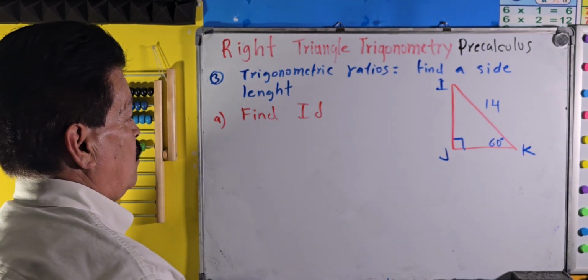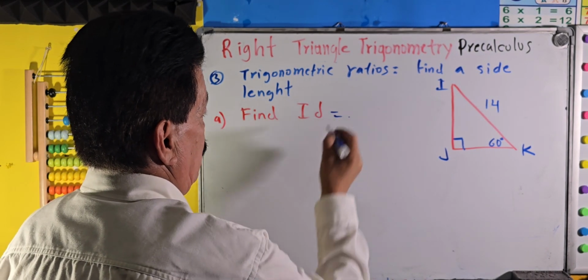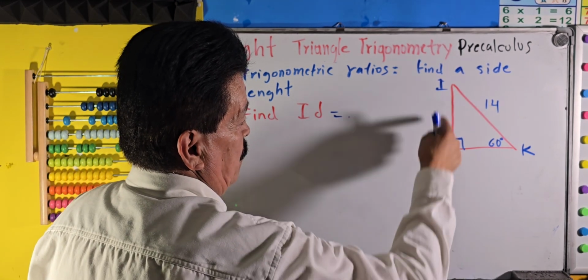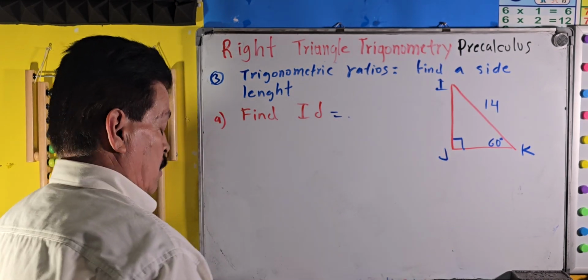All right, we have these values here. So how much is IJ? We have to find IJ. So I mean, how much is this IJ?